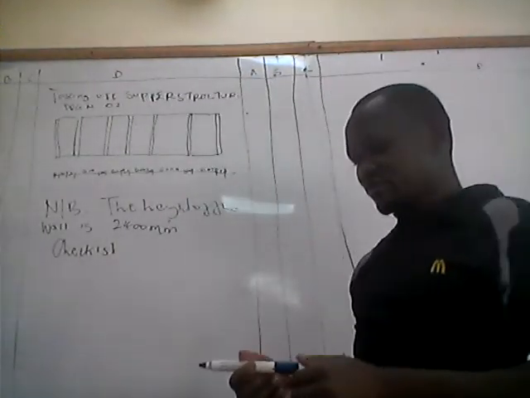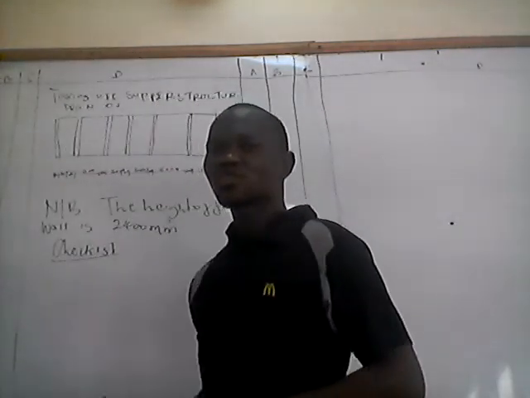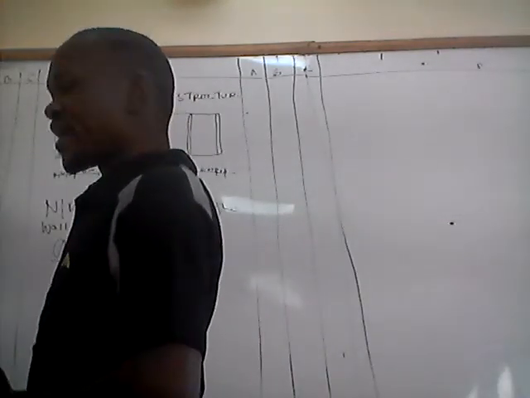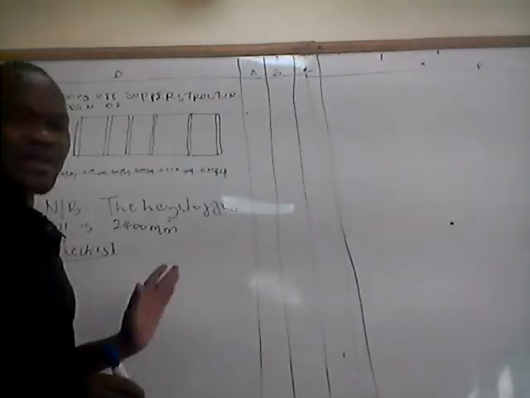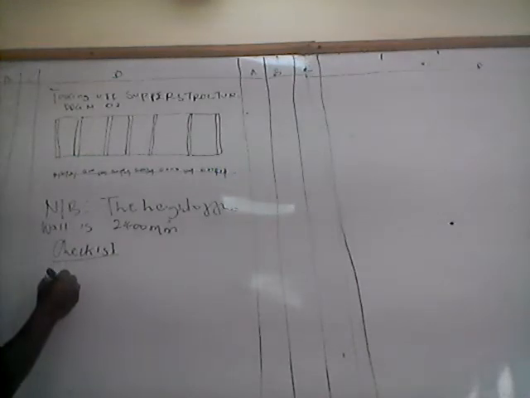After telling him what diagram you're using, you are required to develop what is called a checklist. A checklist will guide you on what you are supposed to measure. For example, the first item on the checklist is the damp proof course.